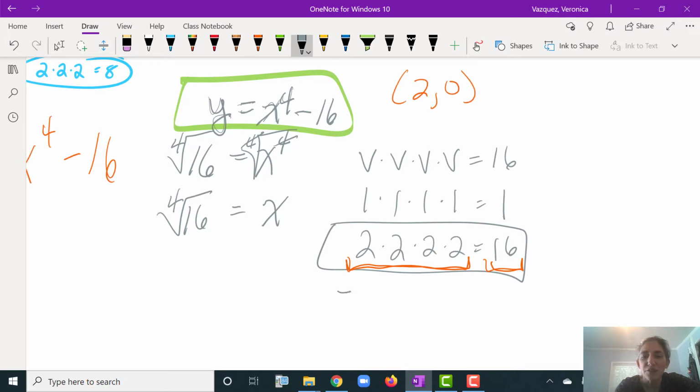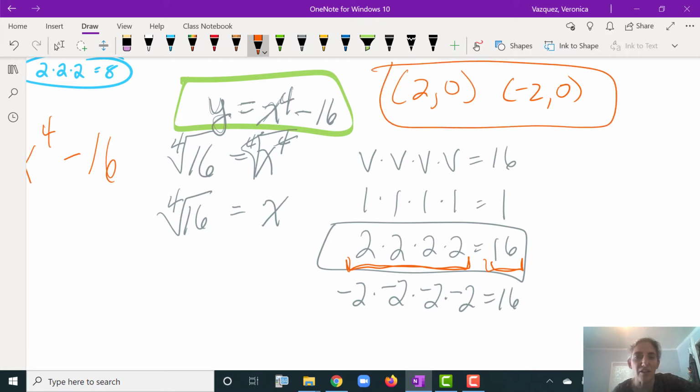It's also true that negative 2 times itself 4 times is equal to 16. So another place where this graph intersects the x-axis would be (-2, 0). Both of these are x-intercepts of this function.